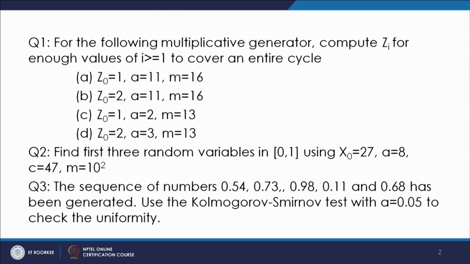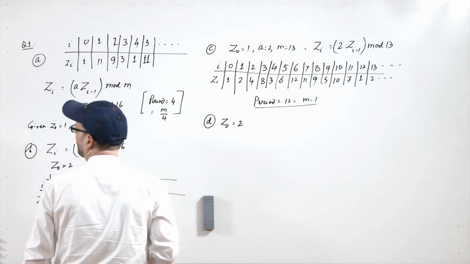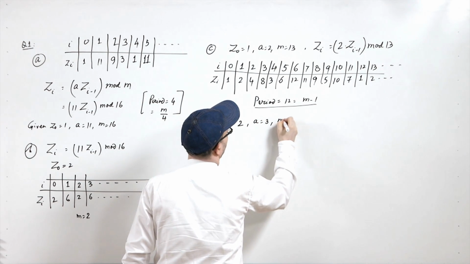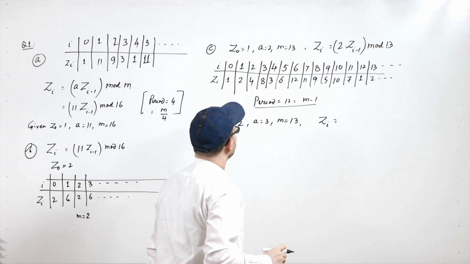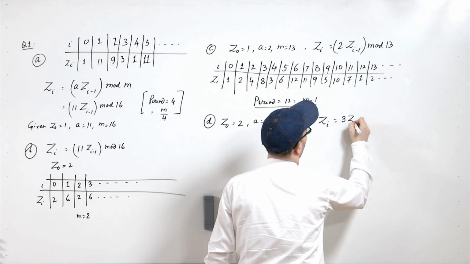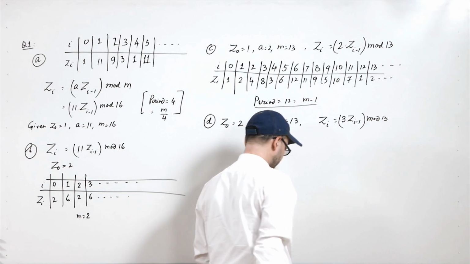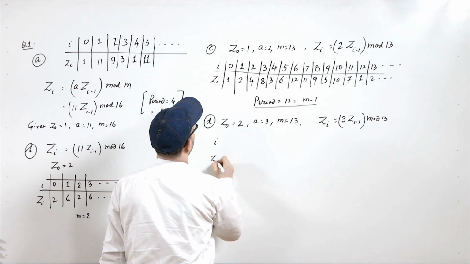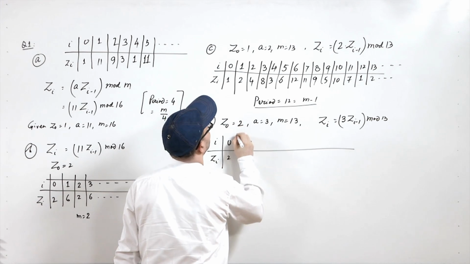In question number 1D, Z0 is 2, A is 3 and M is 13. So Zi will be 3 Zi minus 1 mod 13. Again in this case I and Zi, at 0 it is 2.